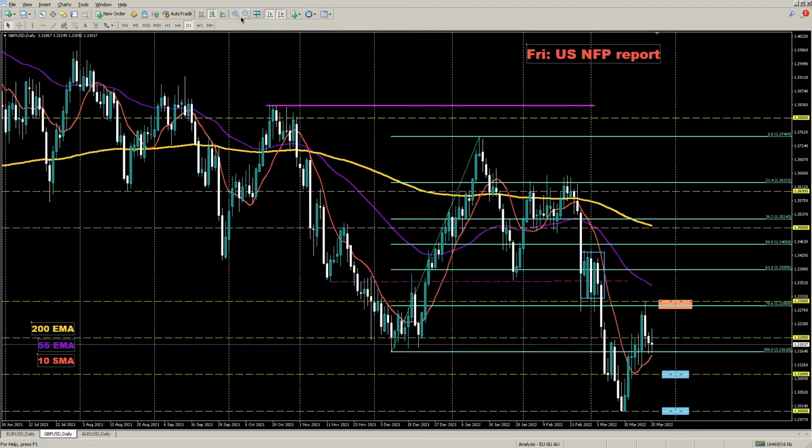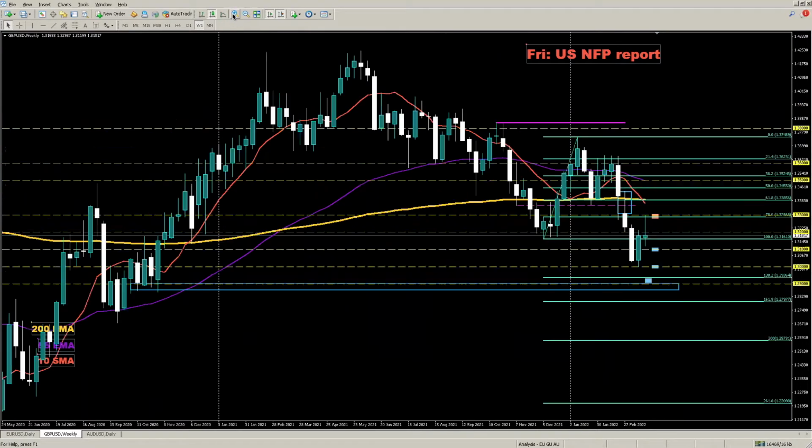Go back to the daily time frame and let's check out the weekly time frame as well. And it formed a spinning top, almost a doji for the week, and let's retest the 786 fib, drop back below the swing low and just close just above it.